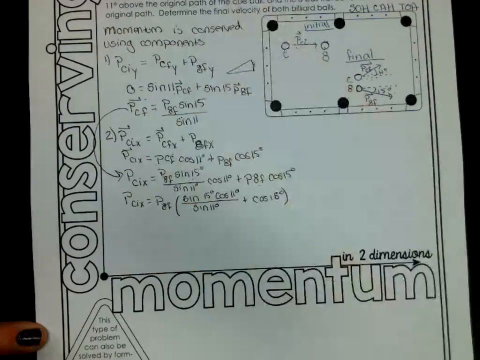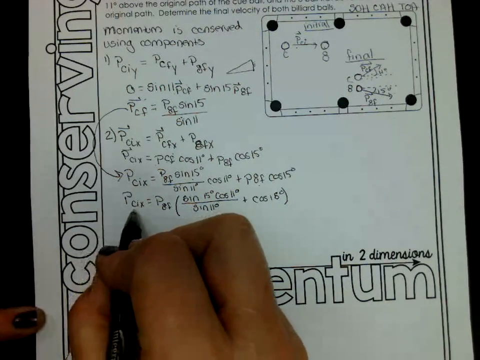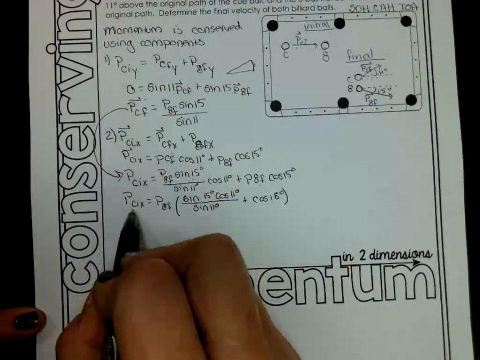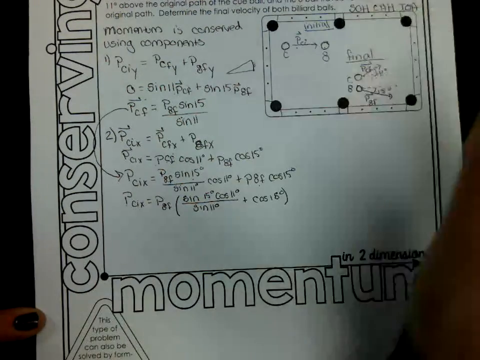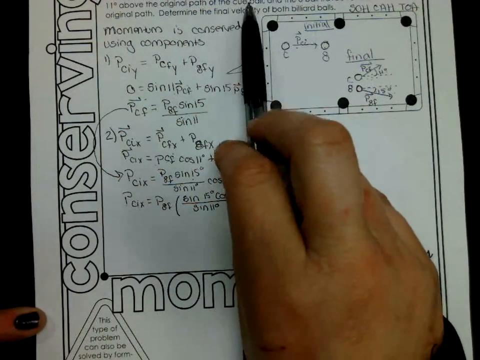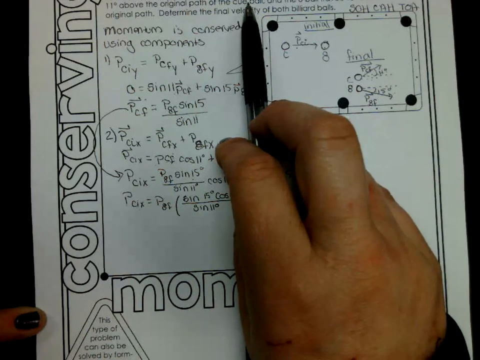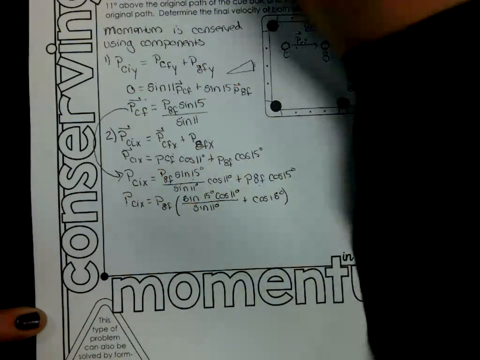At this point, I can solve. So I know that the initial momentum of the cue ball initial x was 2.6 meters per second.